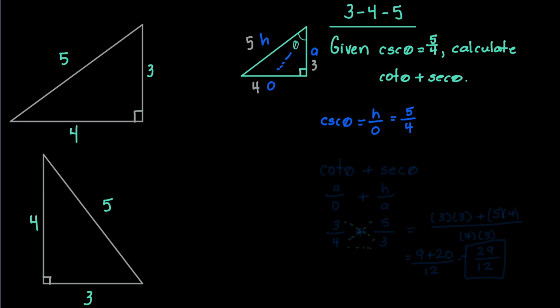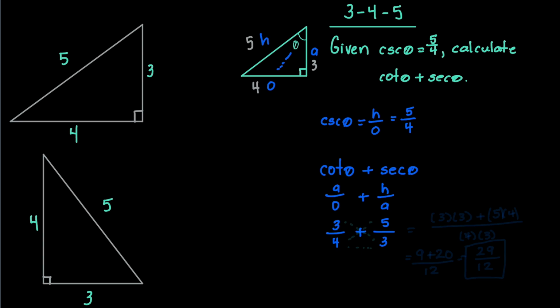So what I want to calculate is cotangent of theta plus secant theta. Cotangent theta is equal to adjacent over opposite plus secant theta is equal to hypotenuse over adjacent. So adjacent side is 3, opposite side is 4, plus hypotenuse is 5, adjacent side is 3.